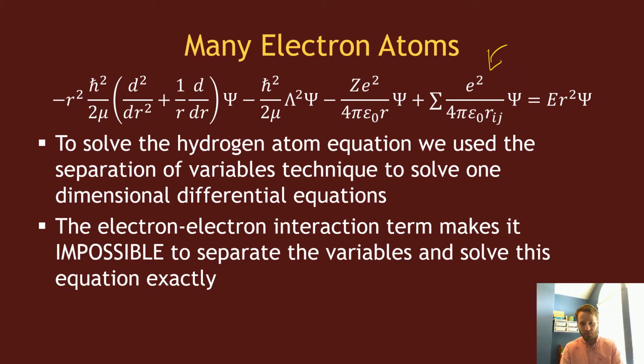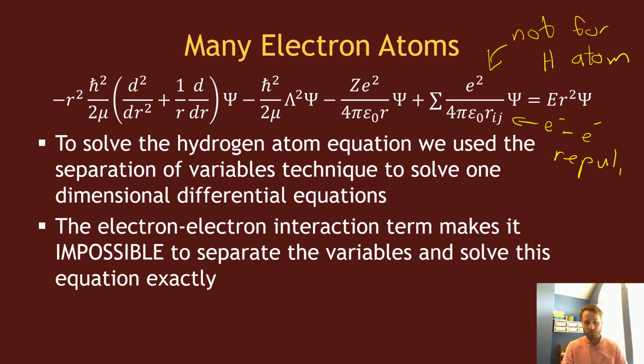It's only there when you have multiple electrons; this is your electron-electron repulsion.